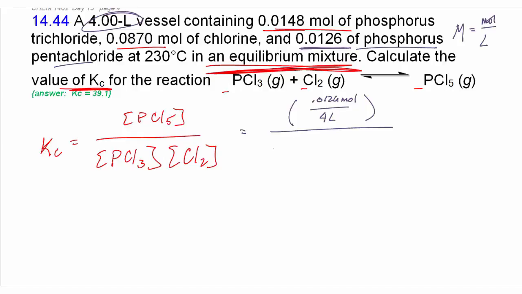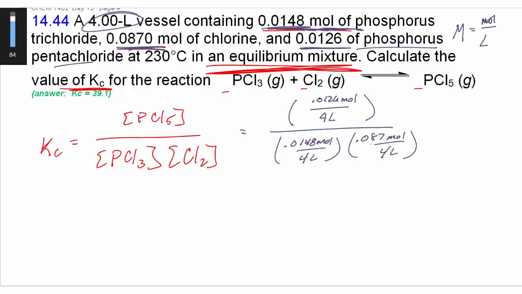The denominator, phosphorus trichloride: 0.0148 moles over 4 liters. Need one more. We need the chlorine. Chlorine is 0.087 moles over 4 liters. And we'll have our answer.